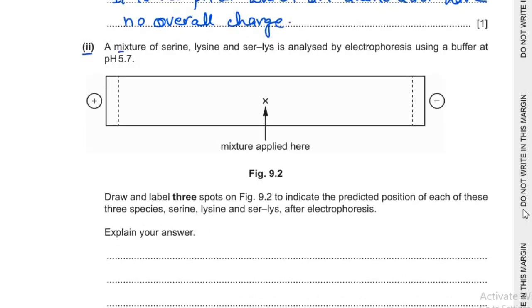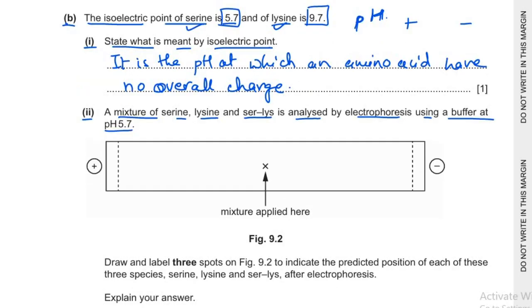Now the B part: a mixture of serine, lysine, and serine lysine, that is the dipeptide, is analyzed by electrophoresis using a buffer at pH 5.7. Now we know that at pH 5.7 serine exists as neutral, so it has no overall charge. The electrophoresis diagram shows the point at which the mixture is applied.